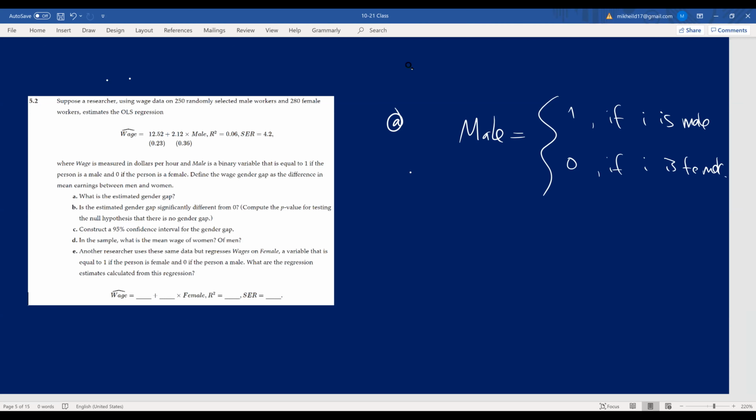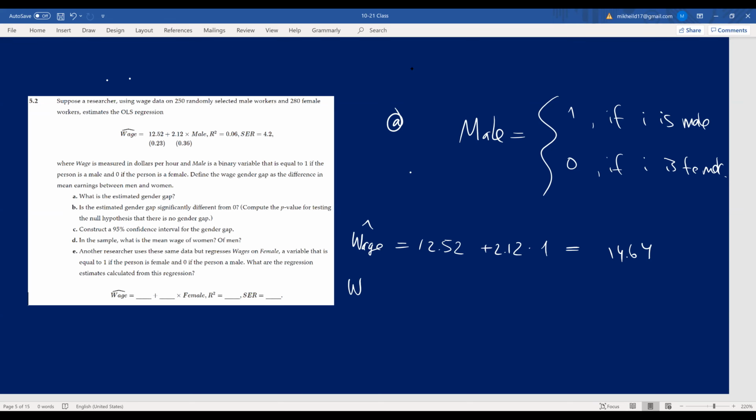What is wage head for males, can you tell me? Times 1, right? And that will be 14.64.